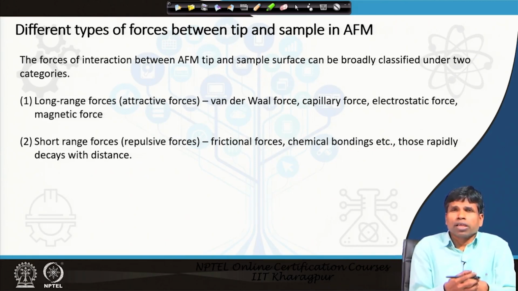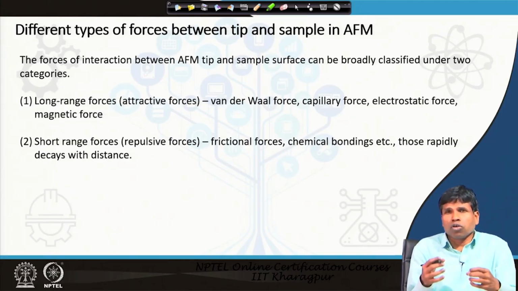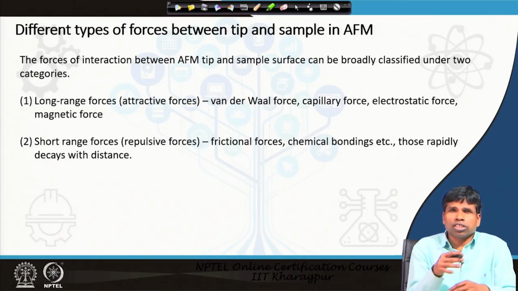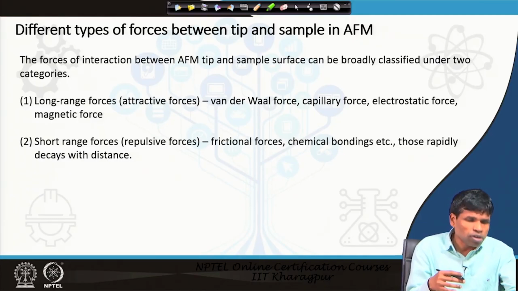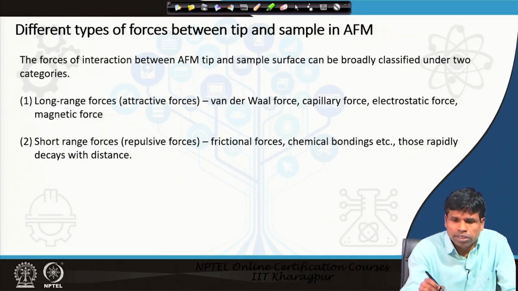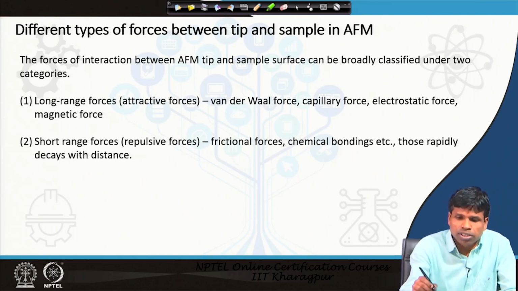But actually there are hundreds of atoms involved here, not like the models we have utilized before. There are two neutral atoms in the model, but actually at the AFM tip there are a few atoms, and on the surface there are several atoms present. Therefore, the interaction is not only on an atom to atom basis, but also between several atoms. So it is more complicated than what we have discussed using the potential curve.